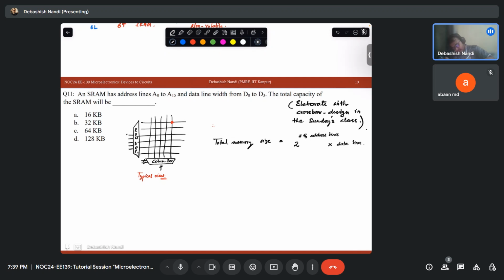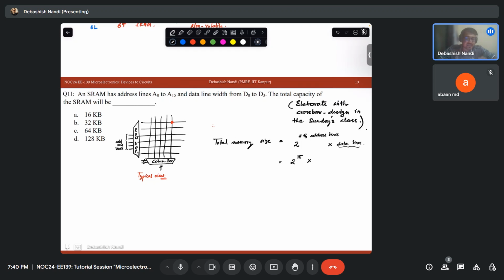For example, let's say these are your address lines or address bits, then your decoder obviously will have 2 raised to that value, right? If you have a three input, then your decoder will give you 8 outputs, 2 raised to 3, 8, right? So similarly, in this case, we have 15 address lines times the data lines.